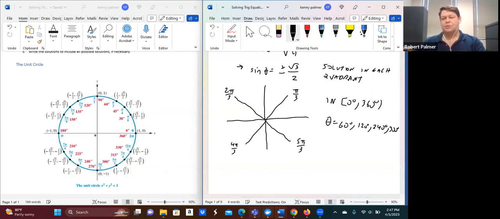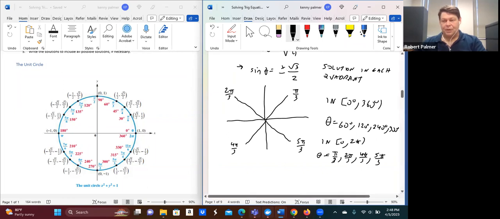Okay, so those 4: 60, 120, 240, and 300 degrees. Now, if we want our solutions in radians from 0 to 2 pi, they're the ones we just said: pi over 3, 2 pi over 3, 4 pi over 3, and 5 pi over 3.